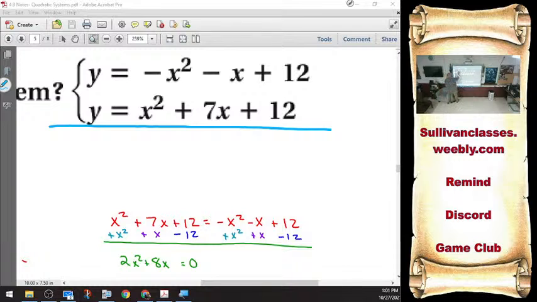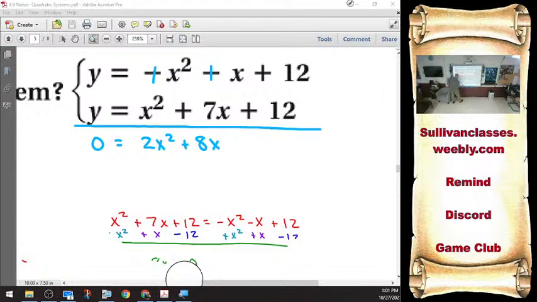So maybe I'll negate, negate, negate, negate, because I took that whole line times negative 1. And now x squared plus x squared, x plus 7x, negative 12 plus 12. Oh, look, it's the same thing. So you can do substitution or elimination with these.